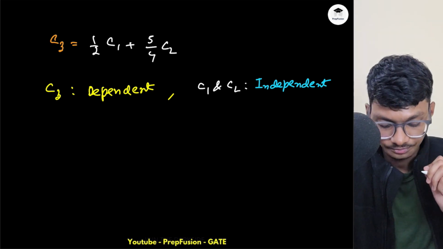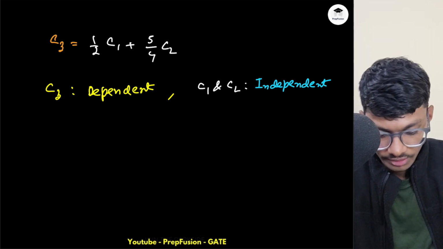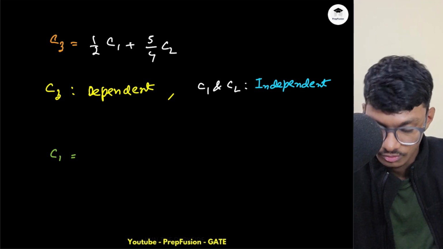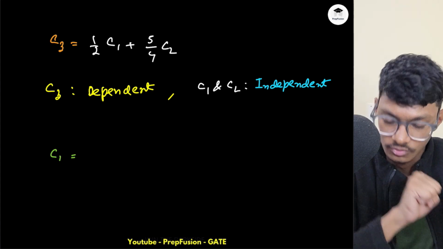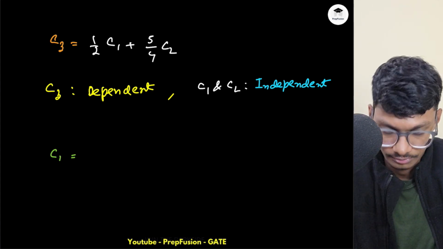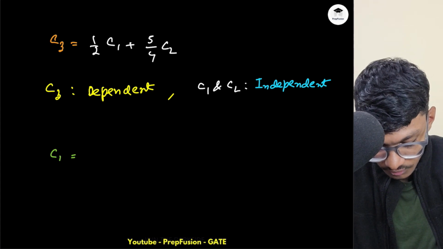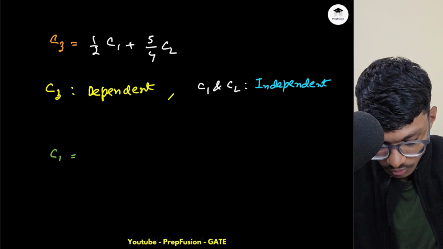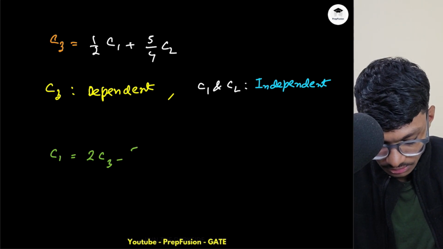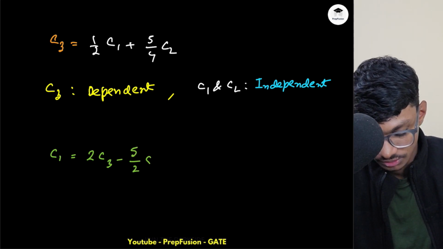So can I write it the other way around? Mathematically we can. If I want to write C1 in terms of C3 and C2, we can. Mathematically true. So C1 will be equal to, if I cross multiply 2 on both sides, 2 C3 minus 5 by 2 C2.